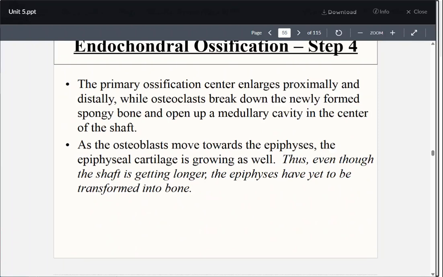This is going to allow the shaft to get longer as long as the ossification centers don't catch up to the epiphyseal cartilage. When it does, you're done growing.